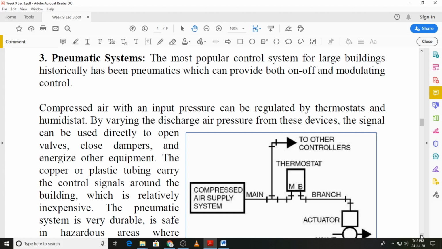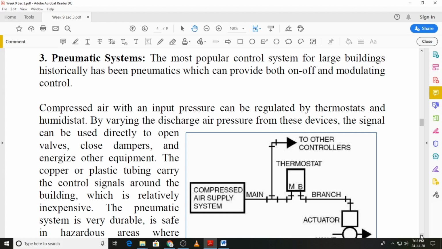When we talk about pneumatic systems, we are using a compressed gas, and that is air, and the pressure of that air can be controlled by devices like thermostats and humidistats.